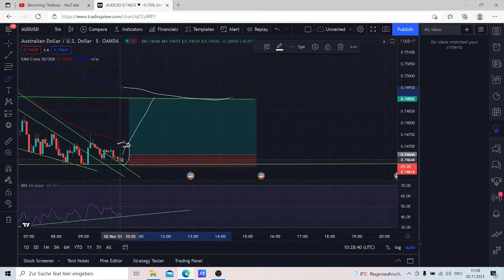But as I said, I'm still waiting for a bullish candlestick. At the moment it doesn't look like we will see one, since we are pretty bearish in the momentum. But just in case, if we see one, this would be an option.